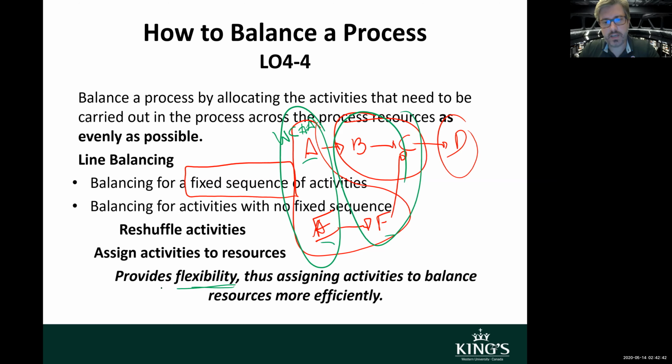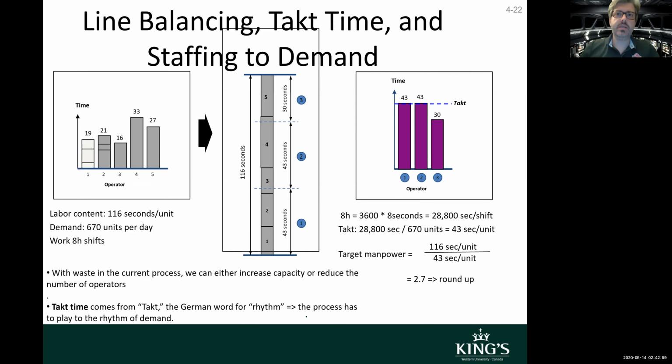We allow for flexibility, and we balance the resources more efficiently by following takt time. The work centers, I cannot stress this enough, they should be as close to the takt time as possible. So here's a good example: line balancing, takt time, and staffing to demand.